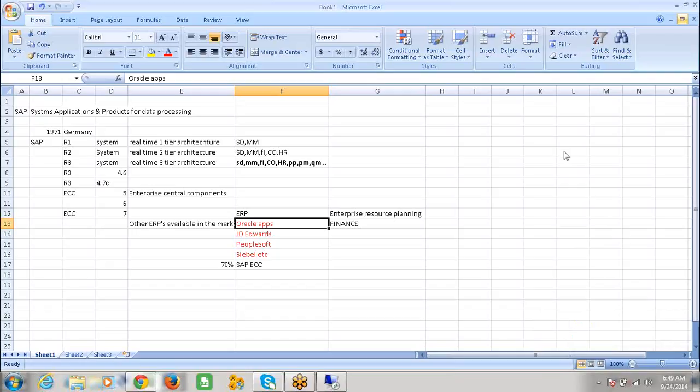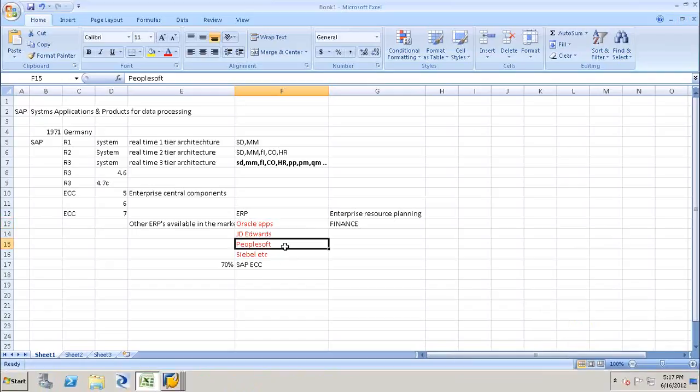So what I was saying is, in the current market, these are the different ERP packages available. But as per the current market share, 70% has been captured by SAP ECC, and the remaining 30% has been shared by these. The reason is the integration between the different business processes. In SAP ECC, different business processes were tightly integrated and it is proved successfully.